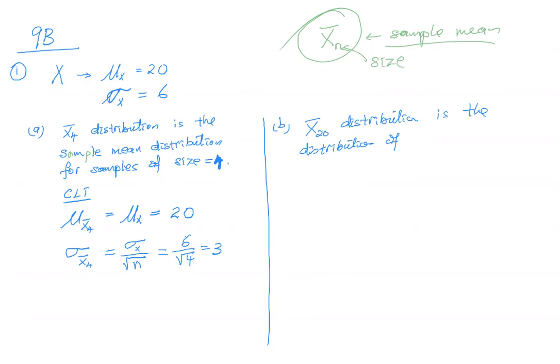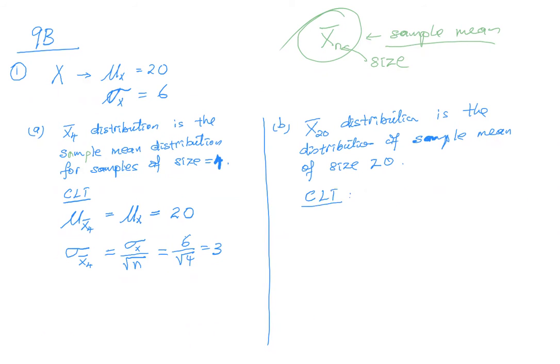It is the distribution of sample mean of size 20. Correct? So now, according to CLT, and every time I tell you, this is a very powerful theorem.